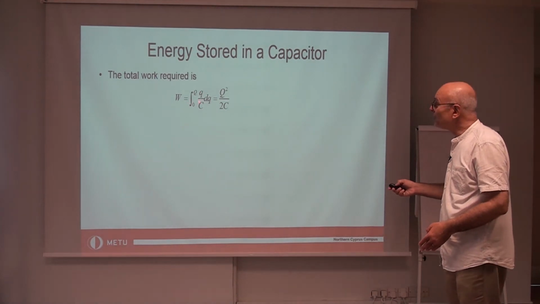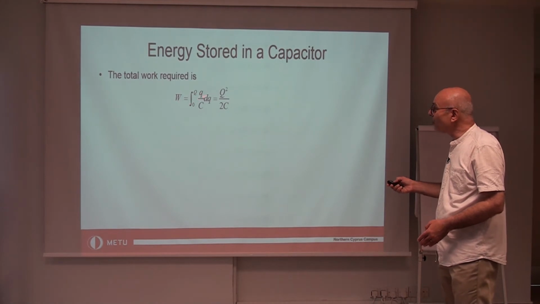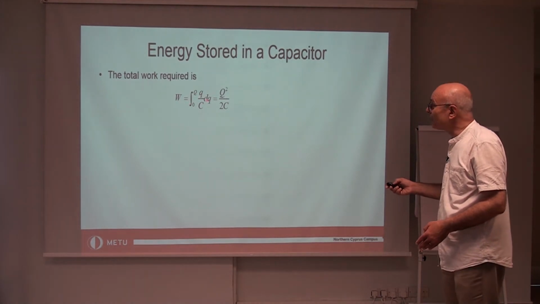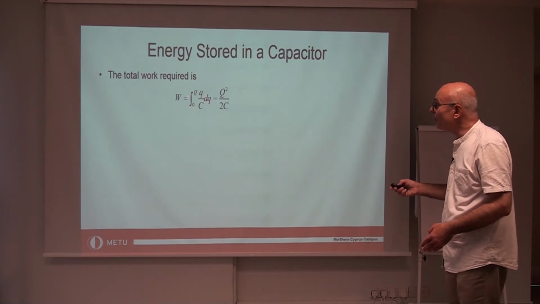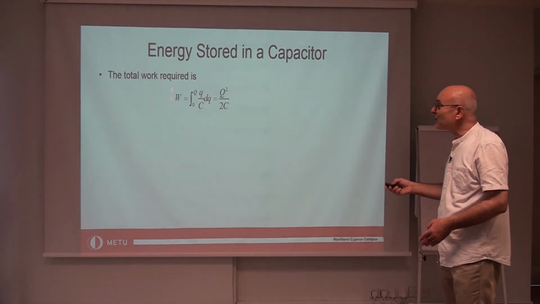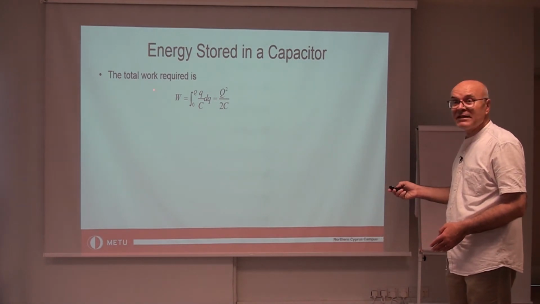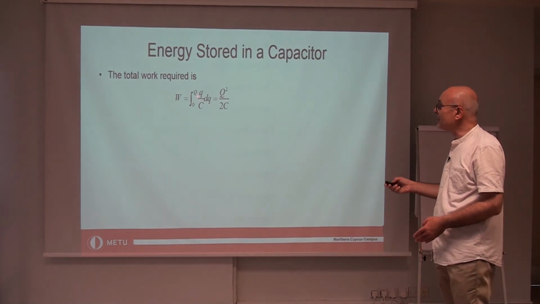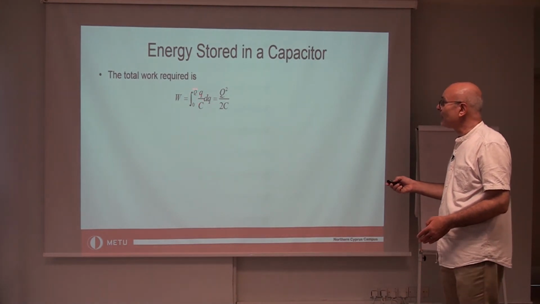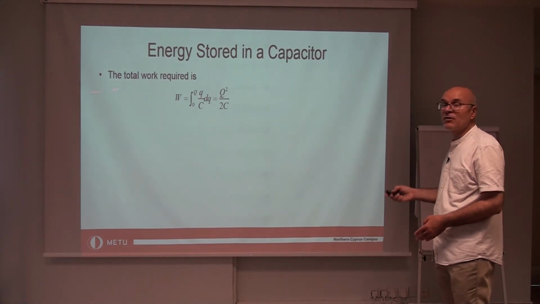And if you continue doing this, add up all these works with increasing charges, adding charges dq from 0 up to Q. So this is the integral in this case. And this is an integral that can be done easily. It is the integral of q dq over c, and the result is, as you can see, q squared over 2, and when you take the limit, it's just Q squared over 2C.